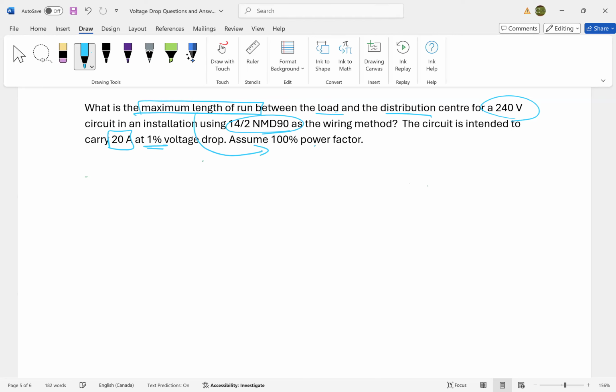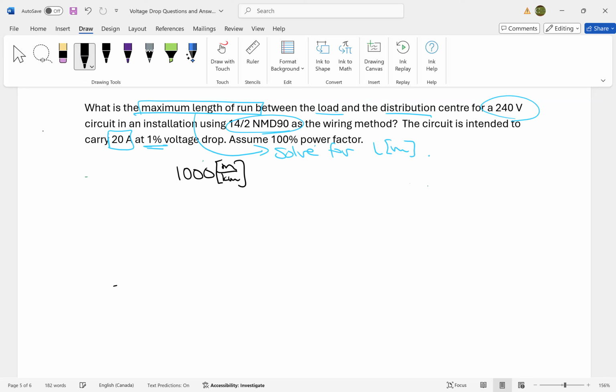Maximum length of run says solve for L in meters is what that would say to me. I'm going to approach this voltage drop question like I approach any voltage drop question, with the relationship that 1,000 meters is in every kilometer.